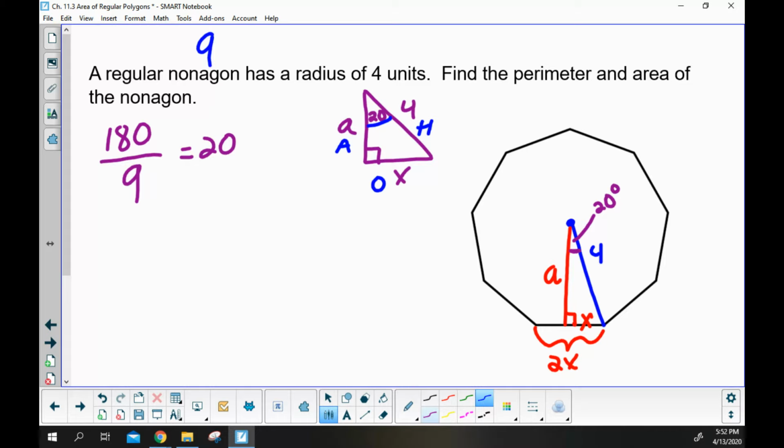So looking for adjacent, given the hypotenuse, yeah, we're going to use cosine. Cosine of 20 equals my apothem, A, over 4. So A is equal to 4 times the cosine of 20. And when we put that in our calculator, we should get that as roughly 3.76.